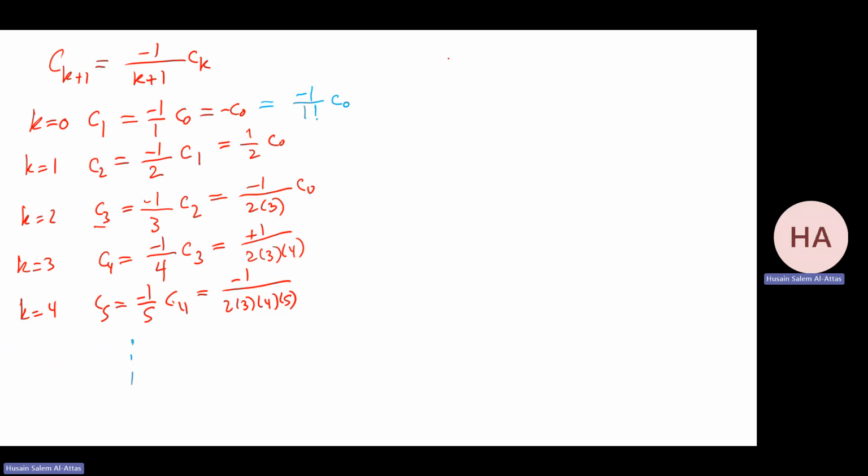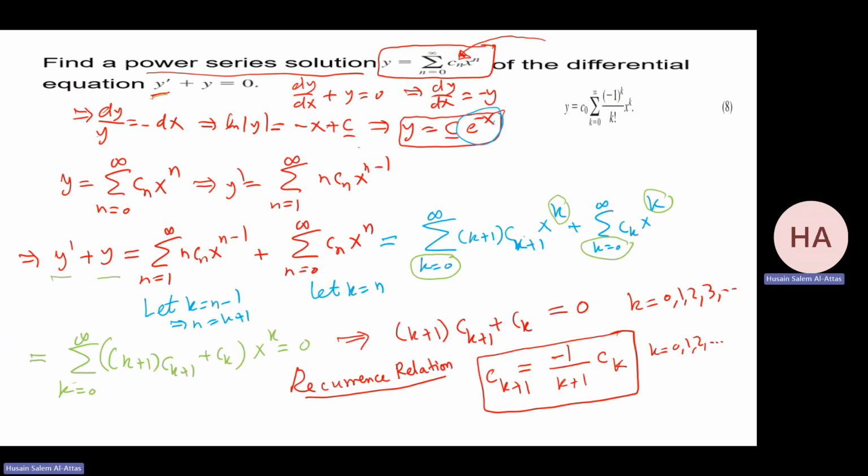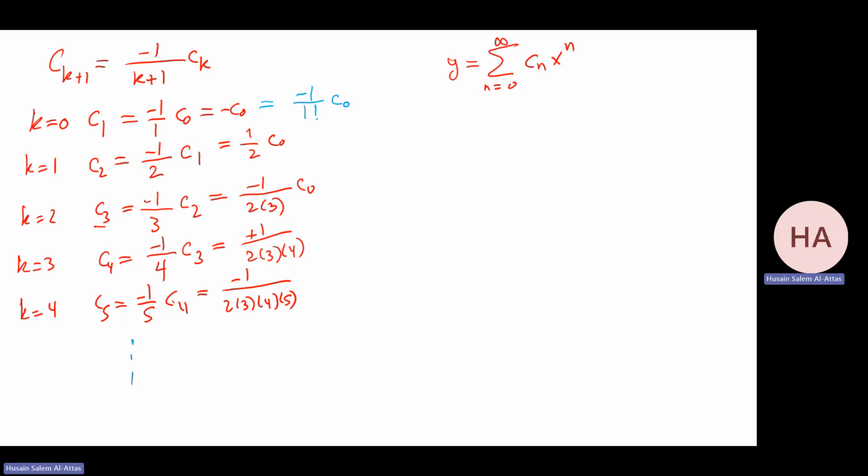We know that my solution is y equal summation Cn x to the power n. This was my solution. If you open it up, that is C0 plus C1x plus C2x squared plus C3x cubed plus C4x to the power 4 plus so on.